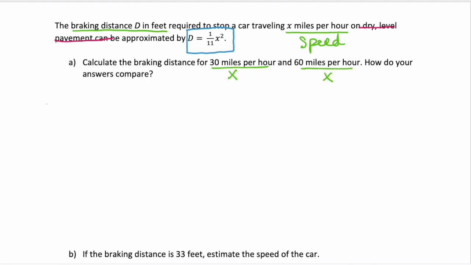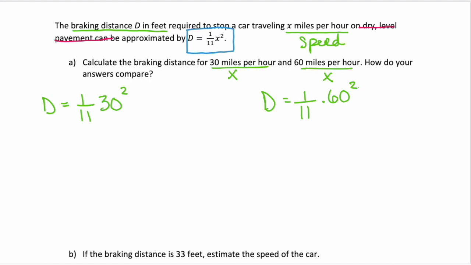So it's asking you to do two different calculations. So what is D when X is 30 miles per hour? Or solve D equals 1 over 11 times 30 squared. And then solve D equals 1 over 11 times 60 squared for 60 miles per hour.